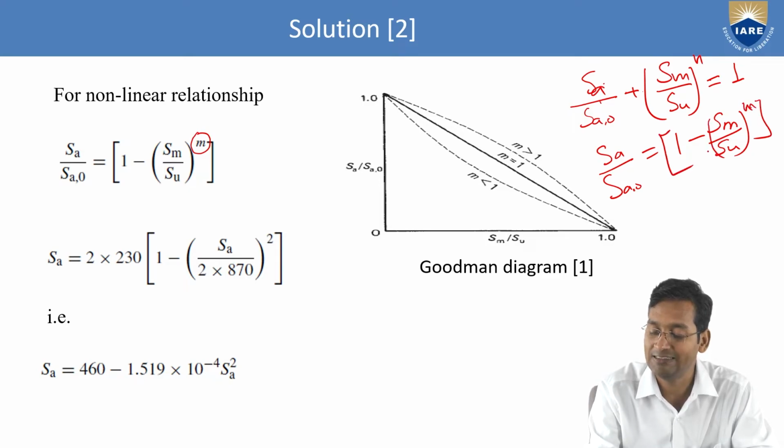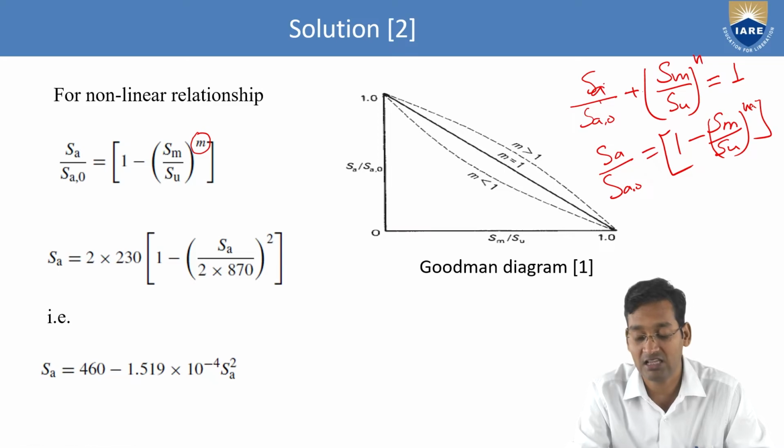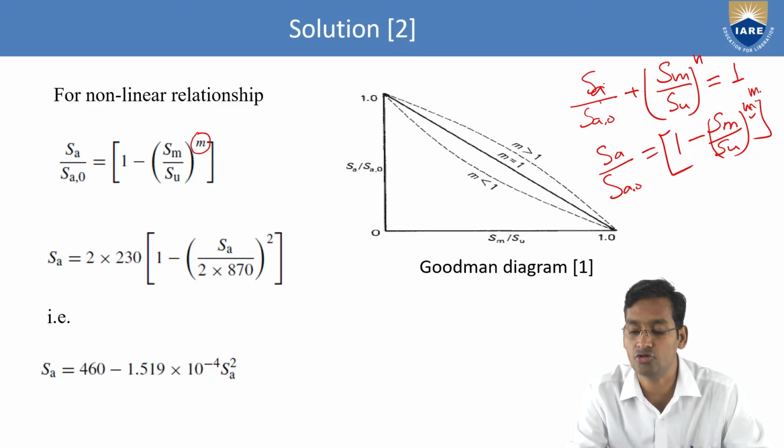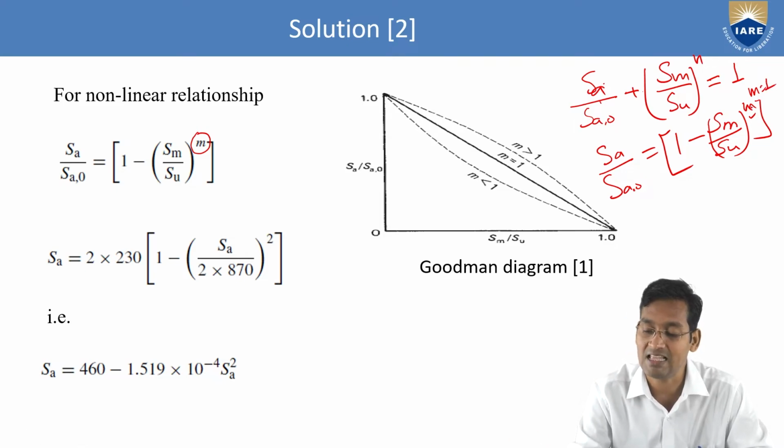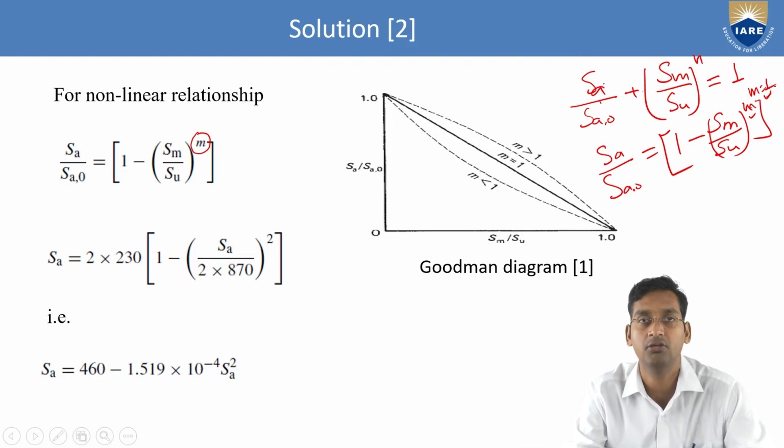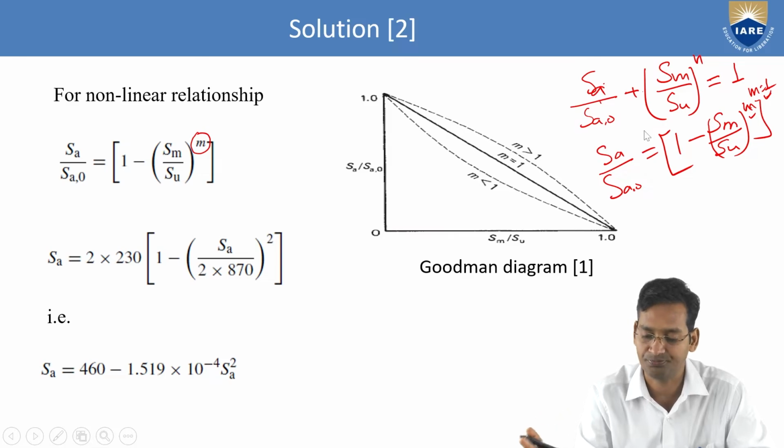So now we have this formula. Earlier we could use this m in the previous one too, but there it was linear, so we had taken m equals 1. So now in this case m is either greater than or equal to 1 or less than or equal to 1. Whatever value we have, we will put, and then we can find SA.